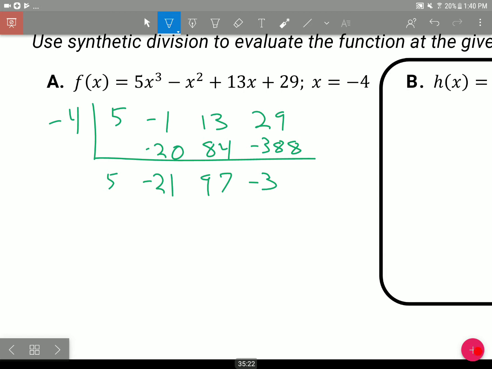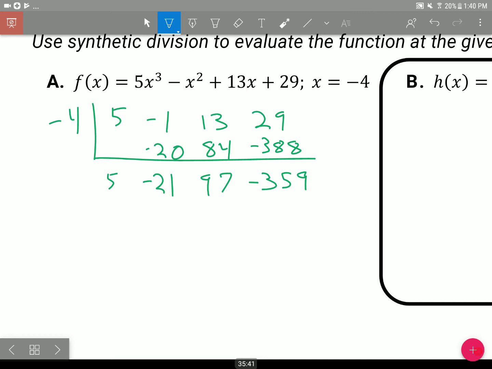It's negative 388 and a positive 29, so it's becoming more positive, not more negative. Negative 359. That was close.